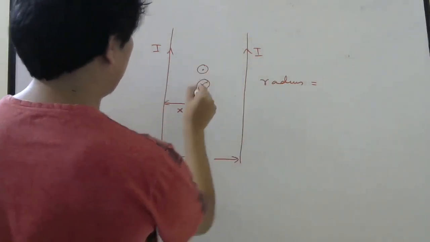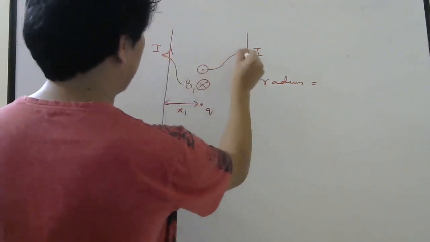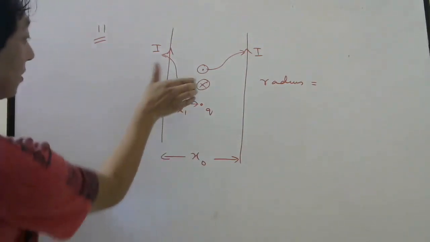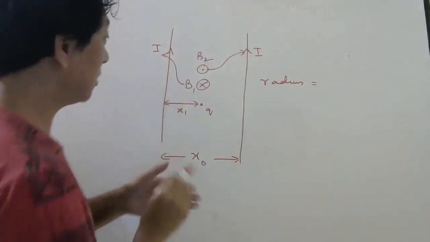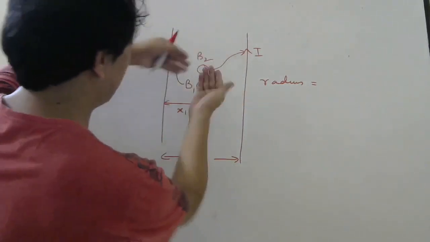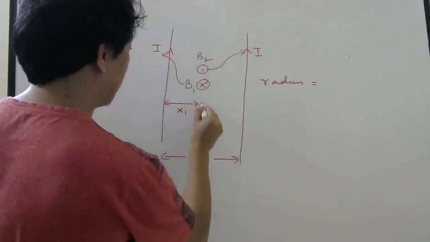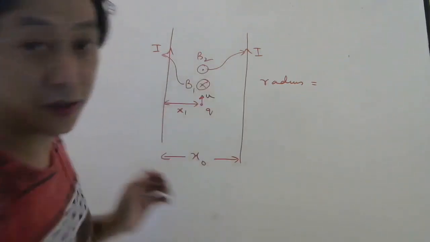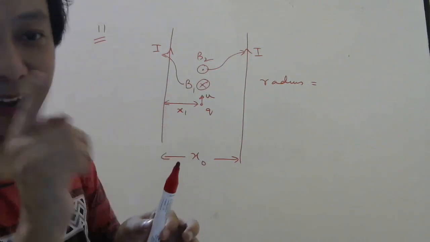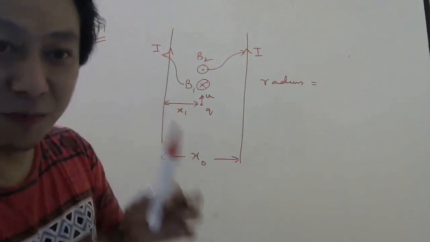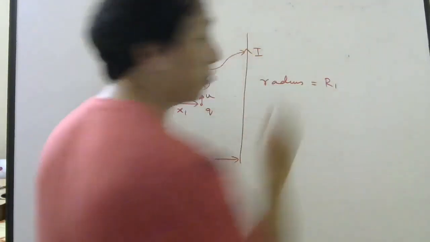So this is the magnetic field due to this wire, this is the magnetic field due to the other wire. Yes or no? Check once. This is in, this is out. Since the magnetic field is perpendicular to the plane, and this charge is moving in this plane with some velocity u, it is very clear that when a charge moves in a perpendicular magnetic field, as I told in the first session, it moves in a circular path.